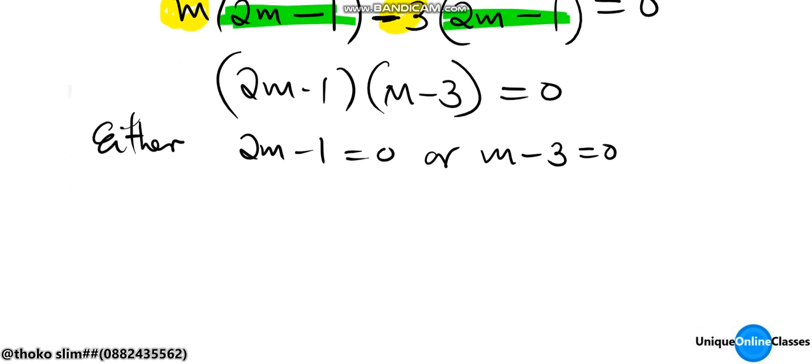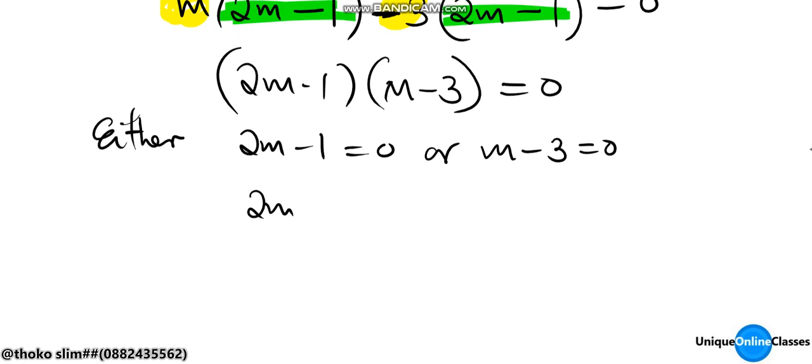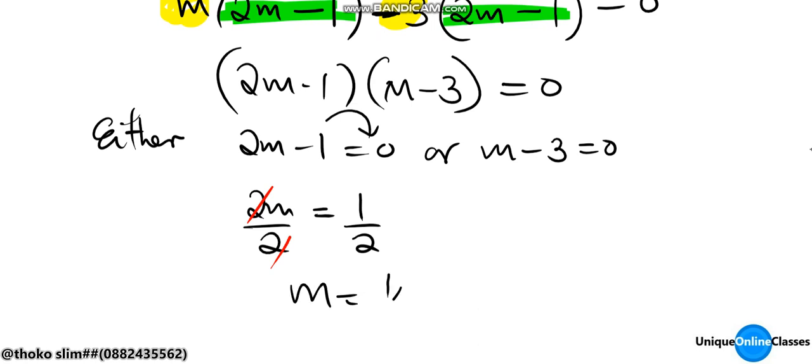So here to solve for m, we are going to move to the other side positive, then to find m we're going to divide both sides by 2. So 2 cancels, remaining with m is equal to positive half, or this one, m is equal to positive 3.